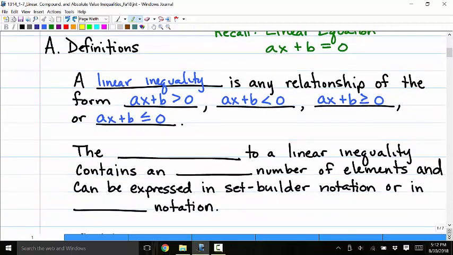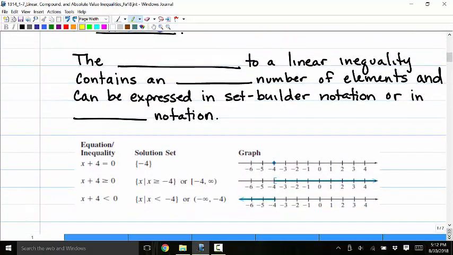The solution set to a linear inequality contains an infinite number of elements and can be expressed in either set builder notation or in interval notation.